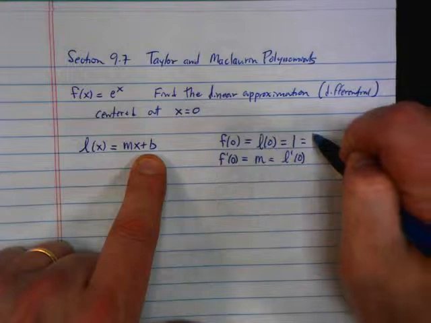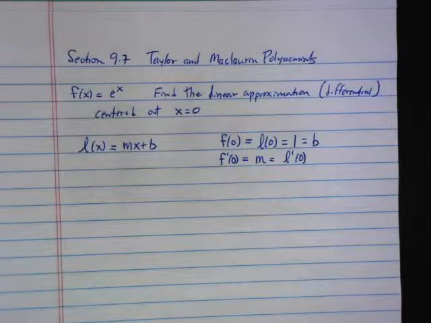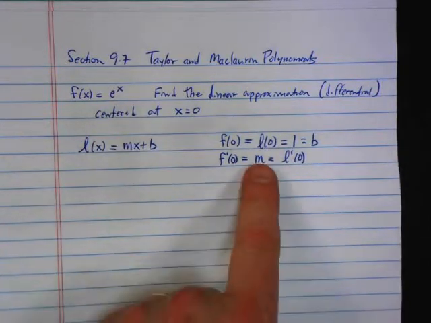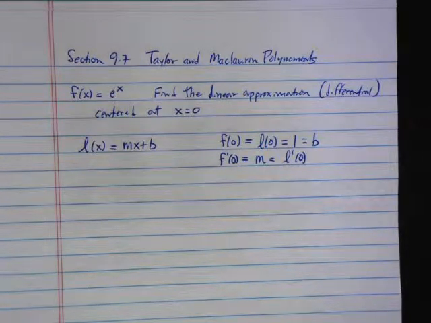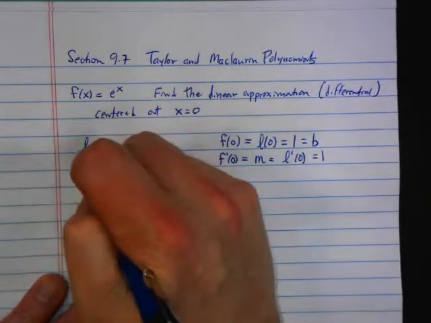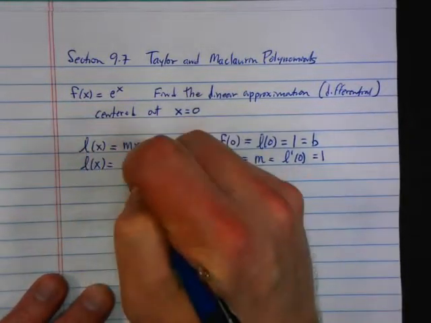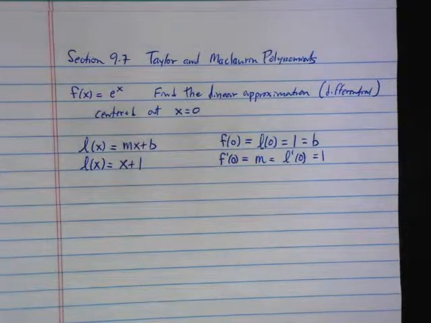So that's the b number. So I want b to be 1. And then what's m? M is the derivative at 0. What's the derivative at 0? 1. It's 1 also. So our linear approximation is going to be x plus 1.